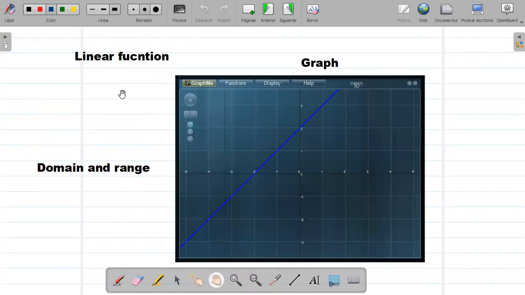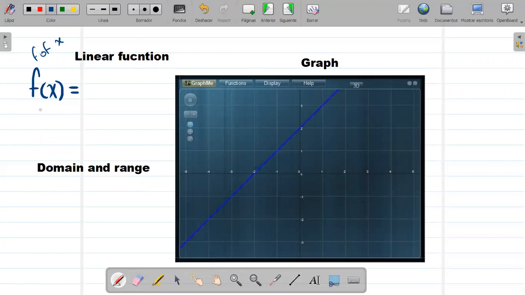As you can see here, it is the linear function. So how is a linear function? Normally, the behavior of this function is like this: f of x, this f and the x in parentheses is written like f of x, and it means a function in terms of x.